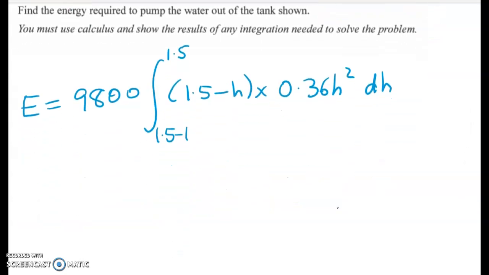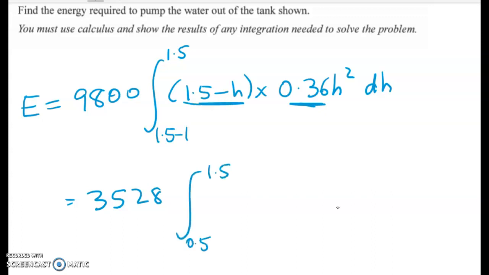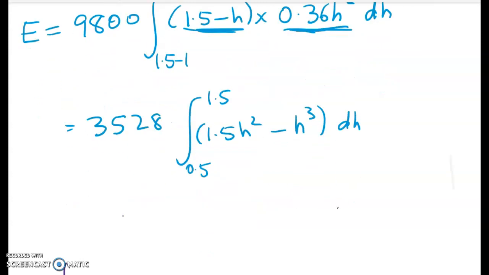We can start to clean that up. We can pull this constant out to the front, which gives us 3,528. My limits are between 1.5 and 0.5, and I'm just going to expand this bit out here. So we get 1.5 h squared minus h cubed. So it's a really easy integration problem now.